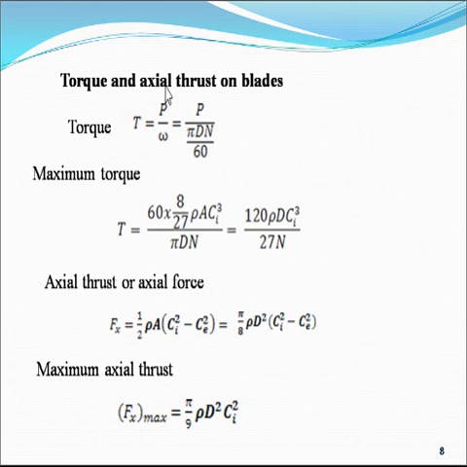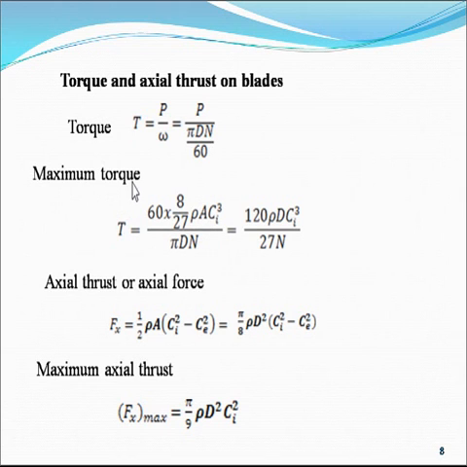Now we will discuss torque and axial thrust on blades. Torque is equal to power upon omega, where omega is pi D N by 60, and the maximum power is given by 8 by 27 rho A Ci cube.